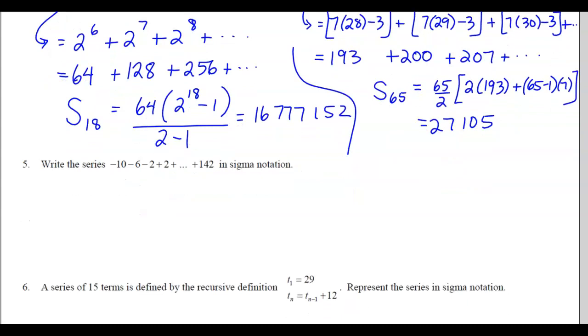Which term is it? So our Tn will be negative 10 plus n minus 1 times... here we're adding 4 each time. And so simplify that.